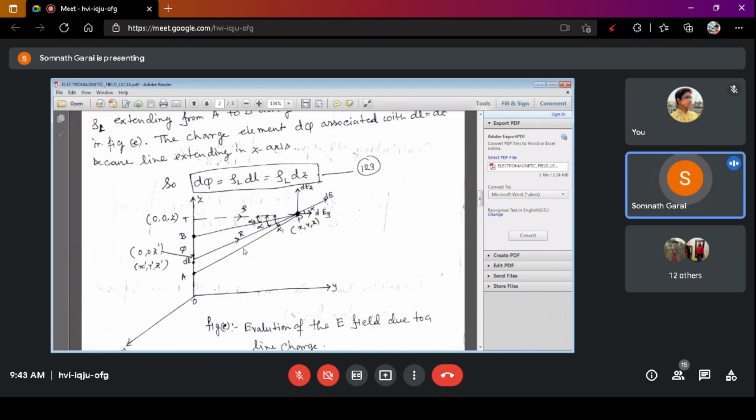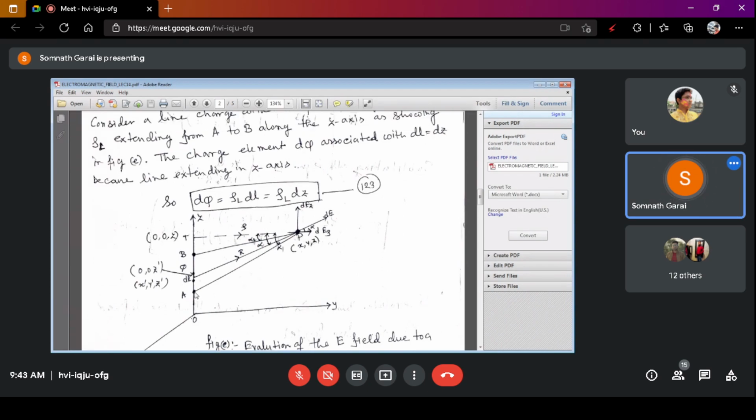If we consider that plane, the uniform charge is located along the z direction, because it is in the Cartesian plane. So the differential charge element dq associated with dl is equal to dz, because dl is along the z direction, that means the differential length dl is equal to dz, right?